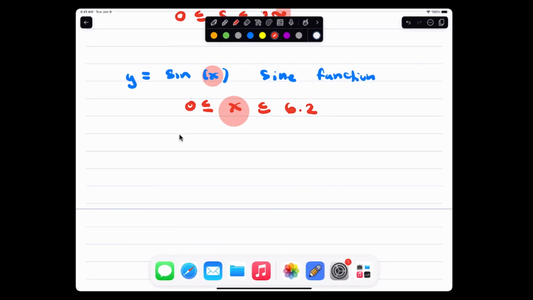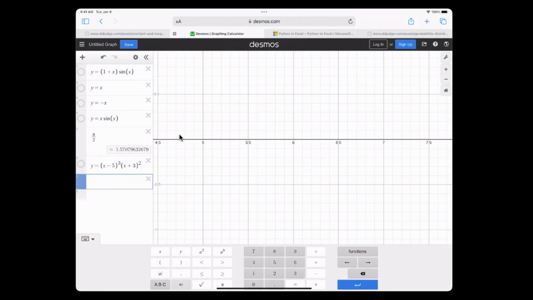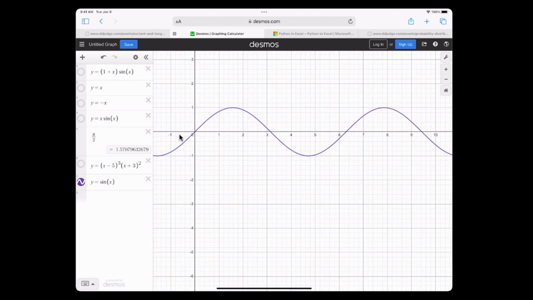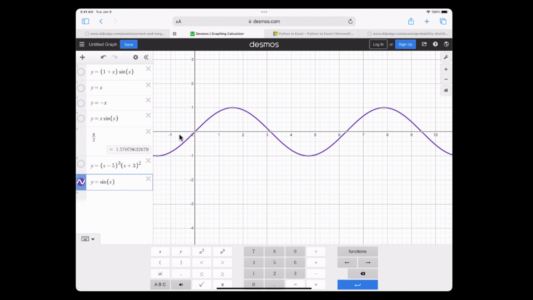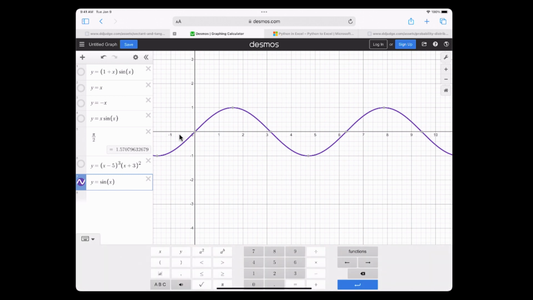Well, if I go to Desmos, I think I still have it. There we go. I use that for my other math classes here. You guys will see the sine function here. Okay? Now I'm going to restrict the domain from 0 to 2 pi.